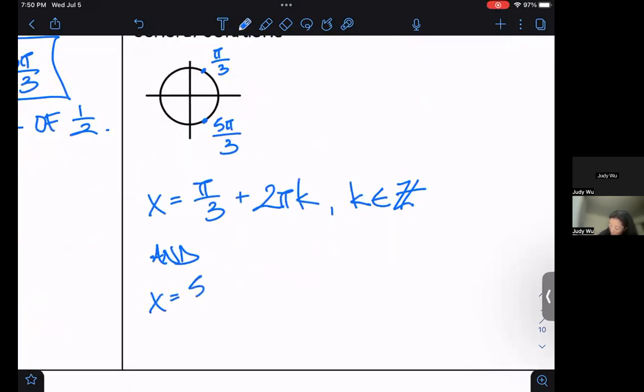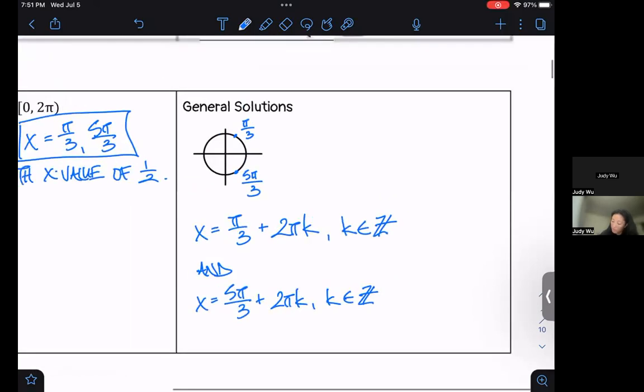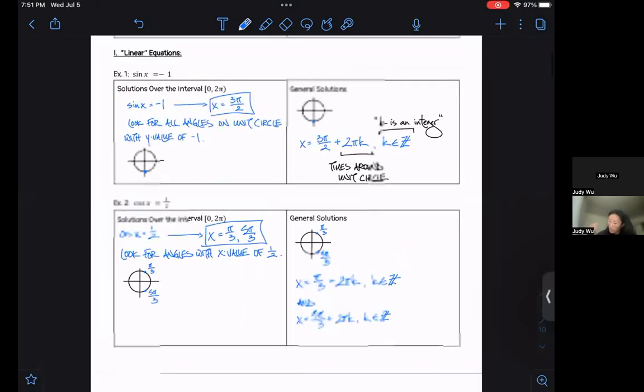X equals 5 pi over 3 plus 2 pi k, where k is an integer. Okay, so let's get this all on one screen for us here. These are two examples of finding solutions over a certain interval as well as general solutions, right?